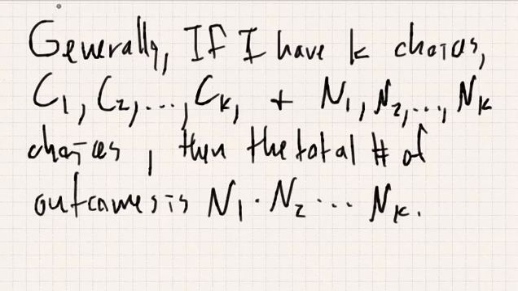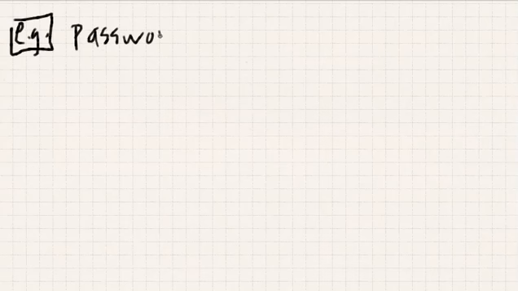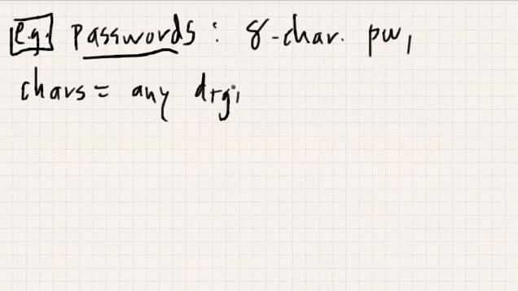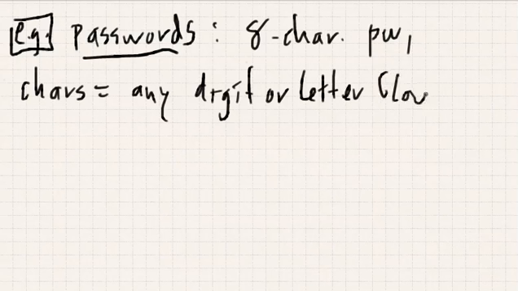Okay, let's see some examples of this, and I've only got 7 minutes left, so I'm going to try to do this fairly quickly. So for example 1, let's look at passwords. Let's say you're putting together an 8-character password, and let's say the characters can be any digit or letter, and let's suppose only lowercase letters.